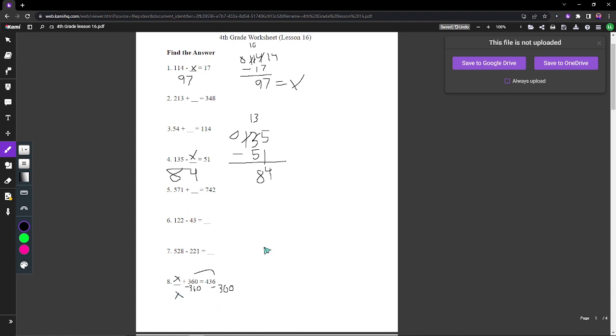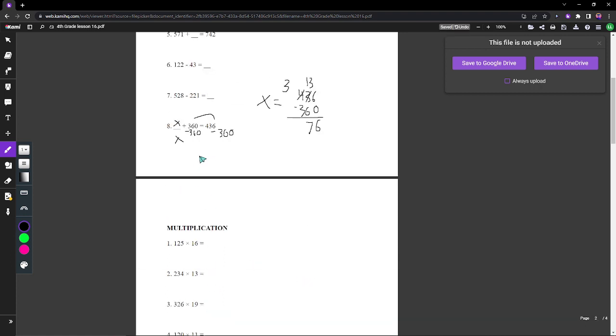So x would be equal to 436 minus 360. 6, and you turn this into 13. 13 minus 6, 7. And then you turn this into 3. So number 8 would be x is equal to 76.